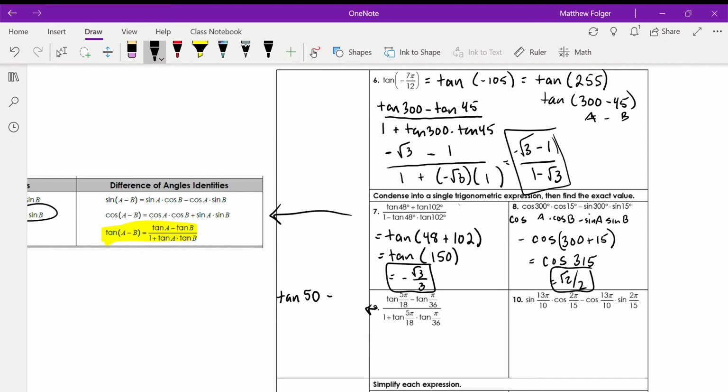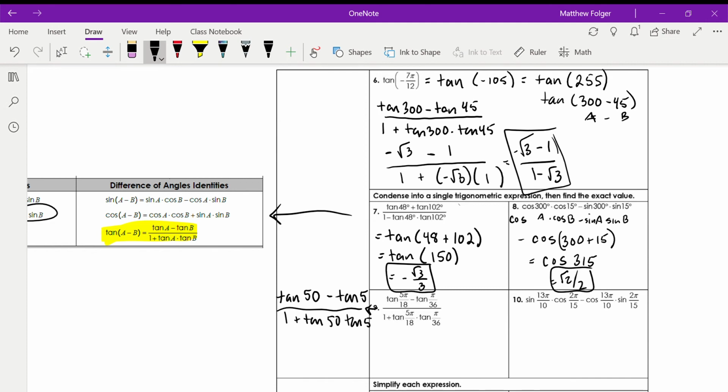Minus tan of 180 over 36, which is 5, minus tan of 5 over, and then this is just 1 plus tan 50, tan 5.